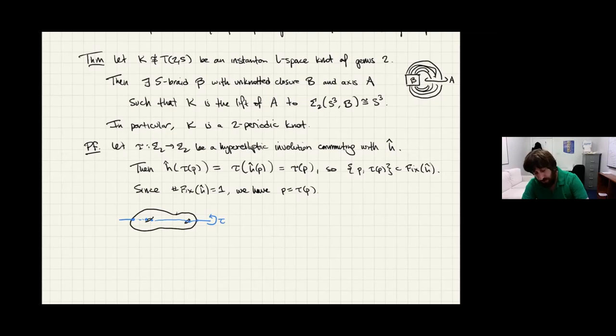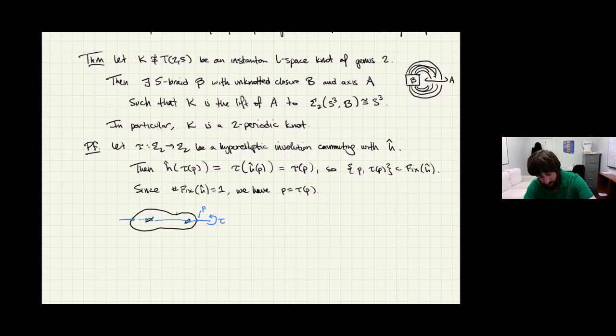And since P is fixed by tau, it has to be one of these 6 points where we puncture the surface. So without loss of generality, it's maybe that one, just however we decided to draw things. And so we can take the quotient by this involution and we can maybe remove the point P because that wasn't supposed to be part of the knot complement.